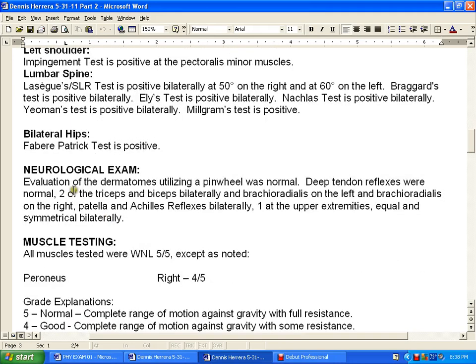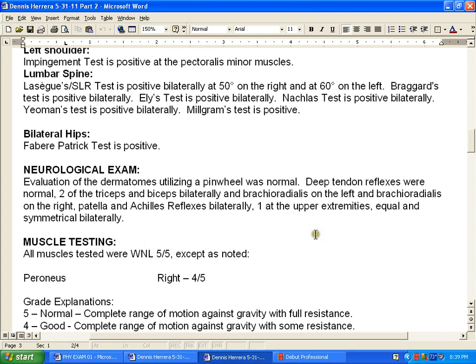That's the neurological exam, would be the muscle testing and the dermatomes. You would type in evaluation of the dermatomes utilizing a pinwheel was normal, period.